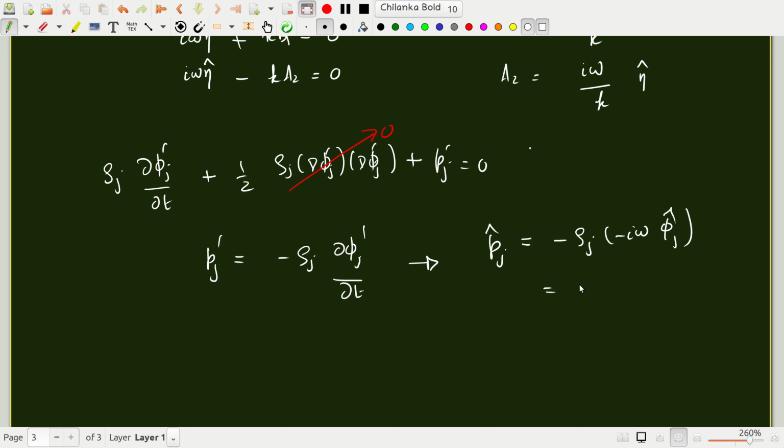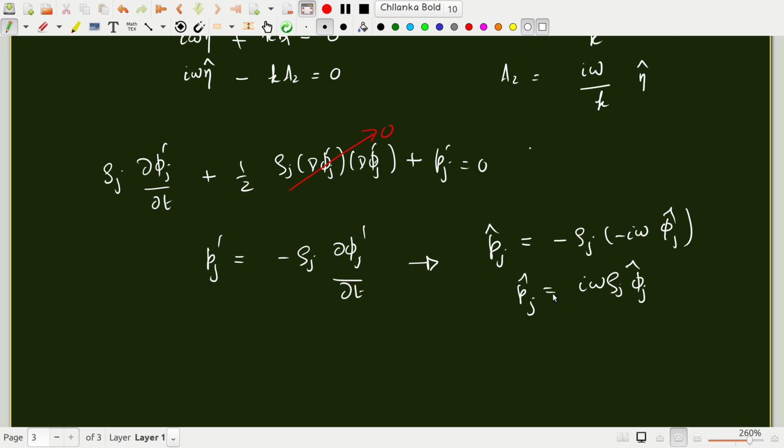The minus minus cancels, so I omega ρj φj cap is the pressure in each of the fluids, after you apply the normal mode form.